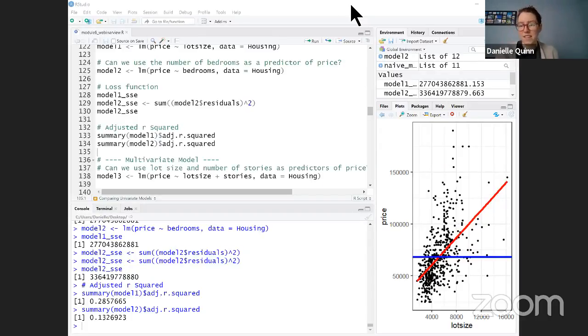And then all of a sudden it says, oh, this actually generates really good predictions. So while there's nothing wrong with running a whole bunch of univariate models just to get a sense of your data, don't use a univariate model as a way of saying, well, bedrooms clearly doesn't matter, we're going to throw it out and never consider it again.